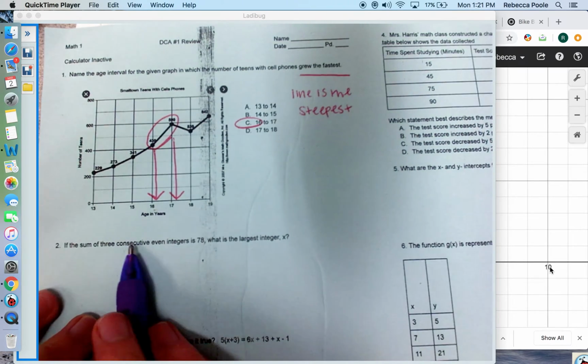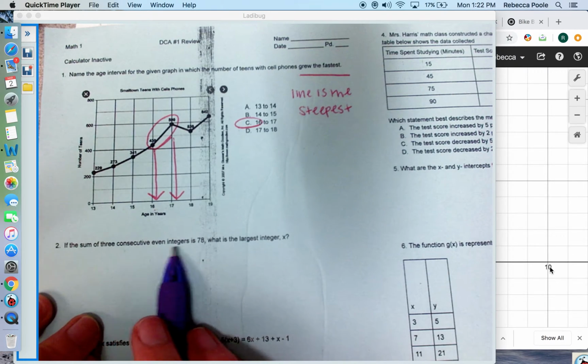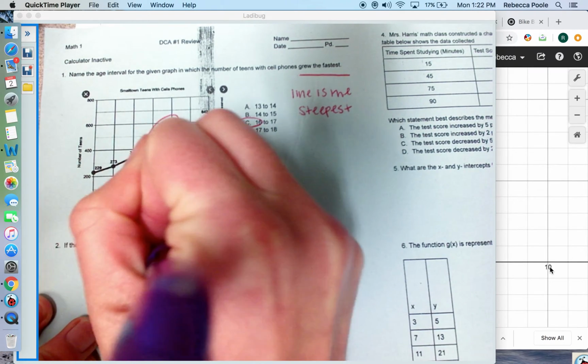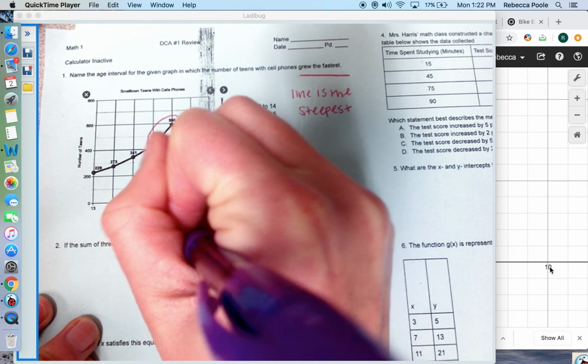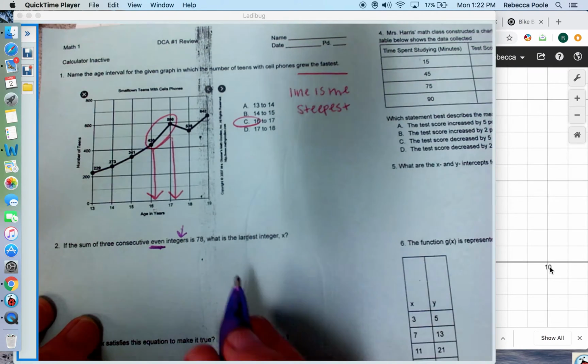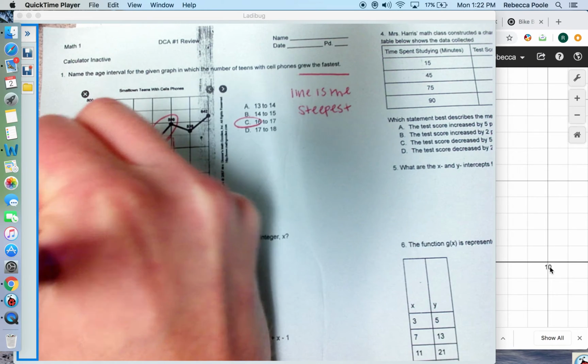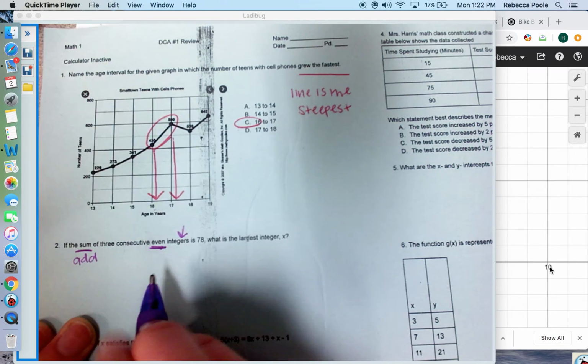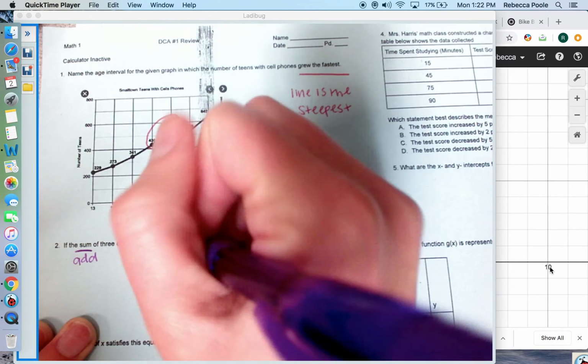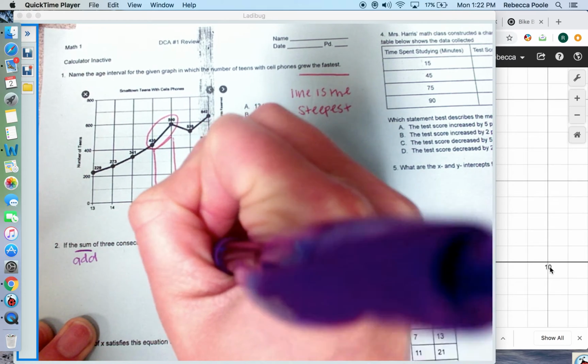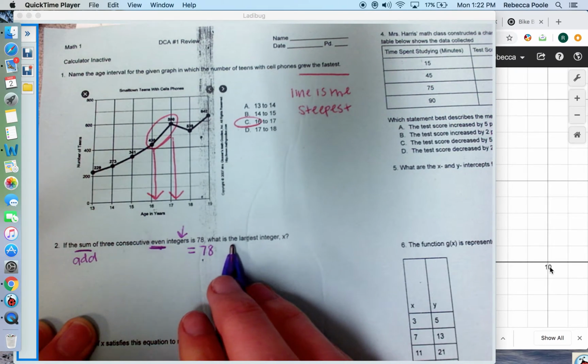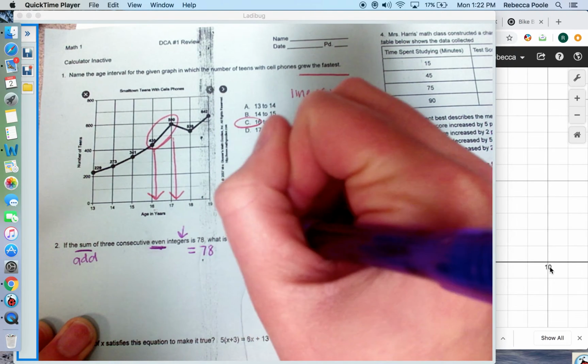Number 2, if the sum of 3 consecutive even integers, so that's important. And remember, integers are just your negative and positive whole numbers. If the sum, which means we add them, of the even integers equals 78, they are asking us what is the largest integer.